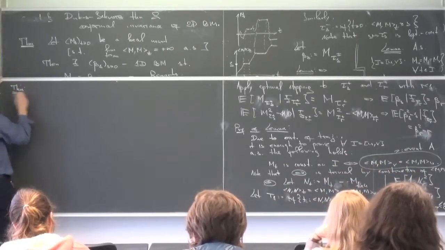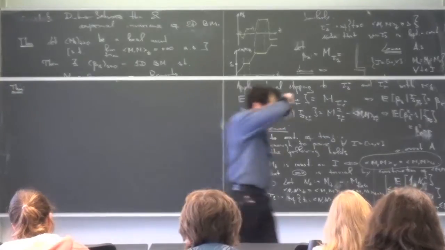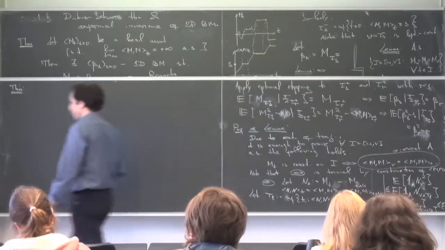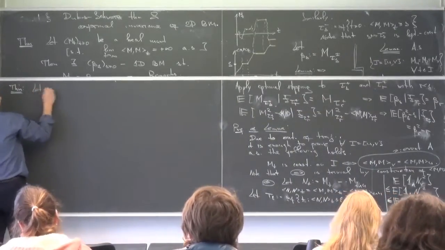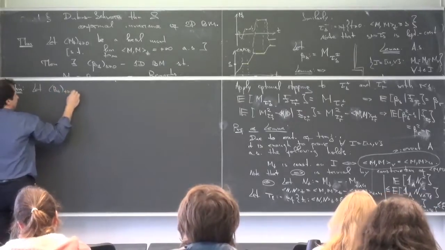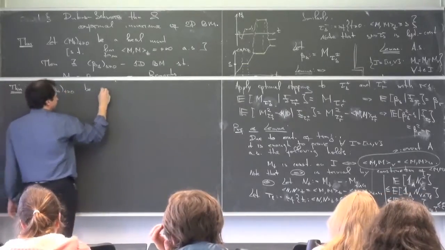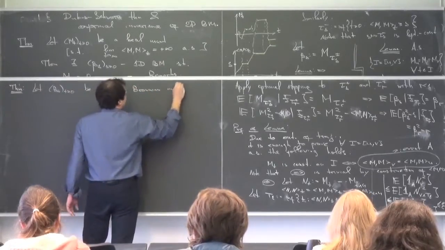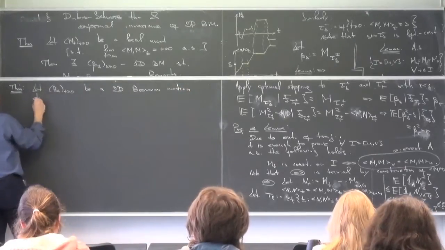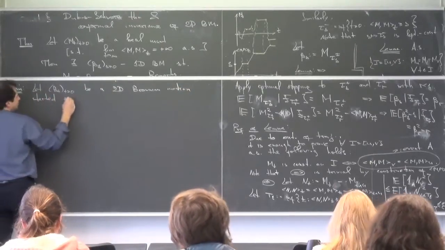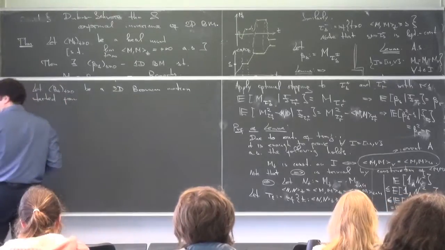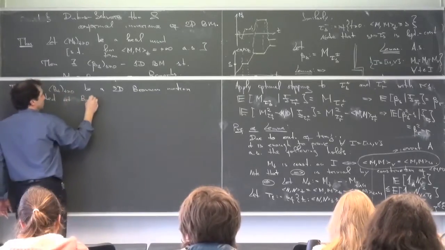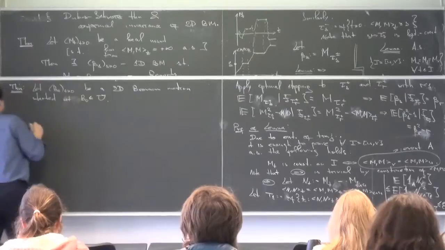which is of the very much same spirit. So imagine now that we are in 2D, and we have the two-dimensional Brownian motion started from some fixed point in a domain.